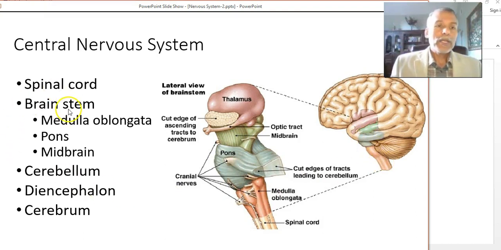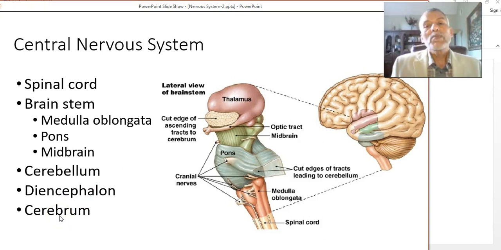So we have the spinal cord, the brain stem, and the cerebellum, which is in the back of the brain. And then we have a structure called the diencephalon. Encephalon means brain. Di means two. So diencephalon means almost like the brain that has two parts. So this is inside of the brain, deep buried in the center of the brain. And that structure is called the diencephalon. It is made out of two other, smaller structures.